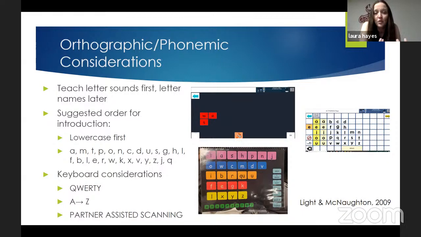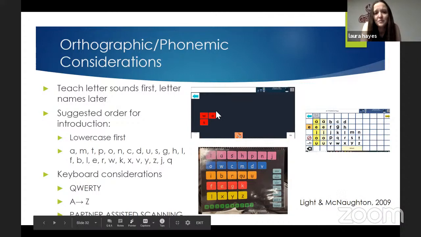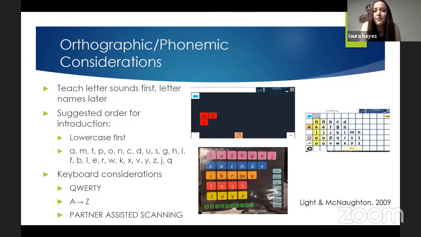Rather, what I would do is temporarily hide or highlight keys on the QWERTY keyboard, like I've shown here with Wes, so that I can show and highlight those for the activity, and then I can open it back up, and those keys, just like the keys on a keyboard, stay in the same place, so you're not losing the motor plan.